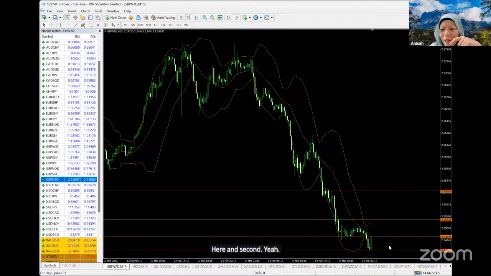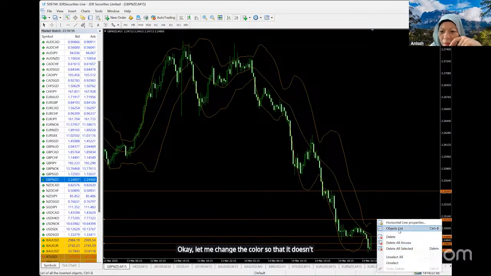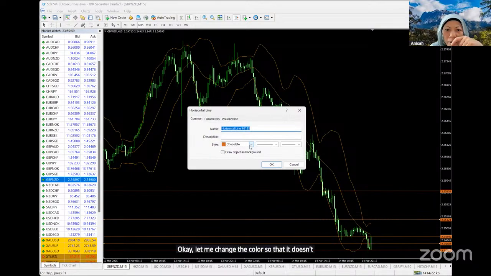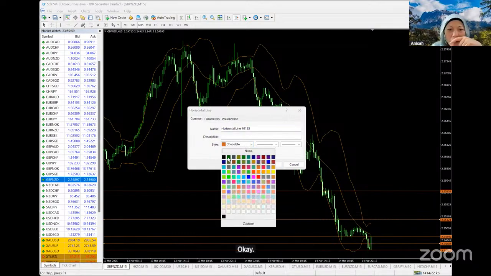And your cut loss level is halfway of this candle. Let me change the color. As it is the target, we put it in blue.